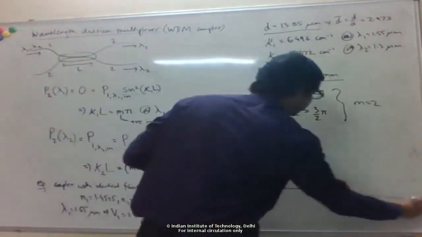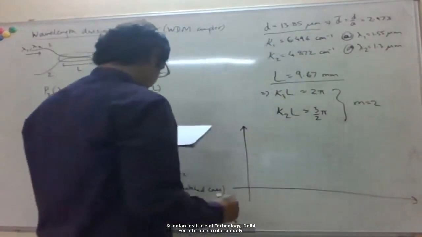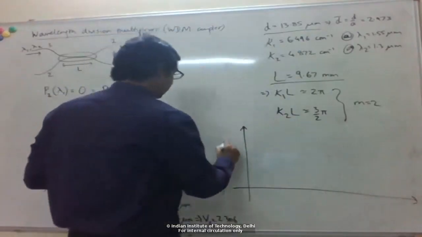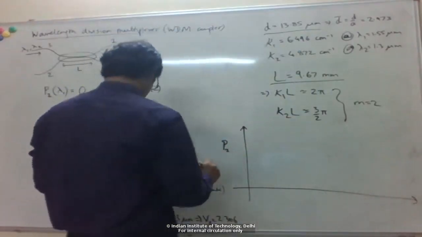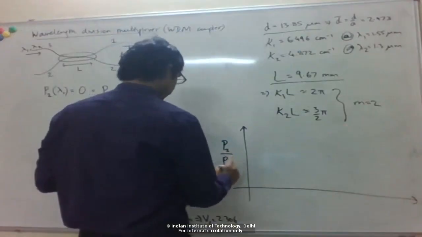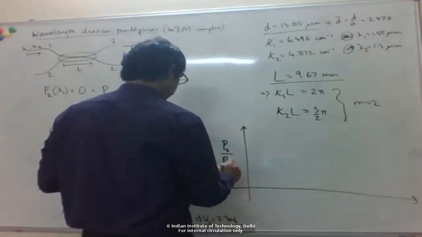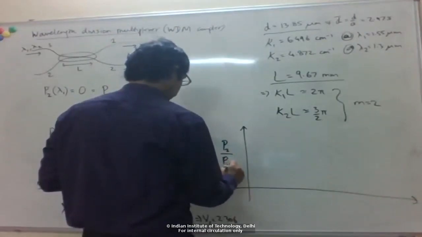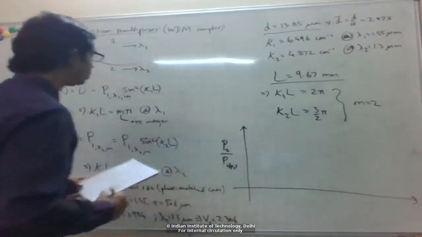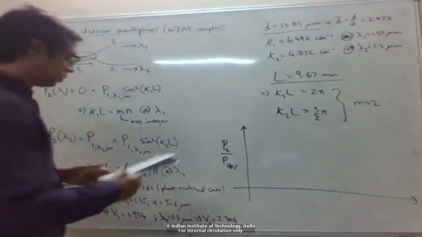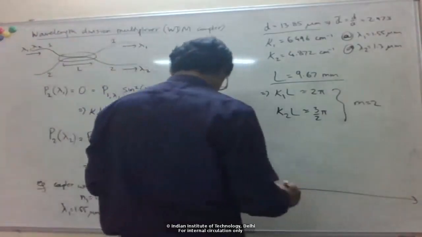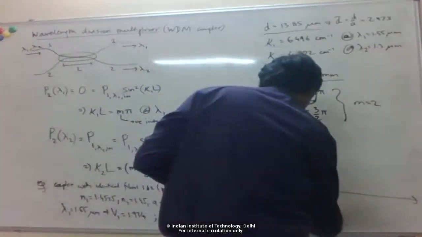So basically what's happening is, if we plot the power coupled to the second port, as a ratio of the input power sent in port 1, for the two different wavelengths, as a function of the coupler length.